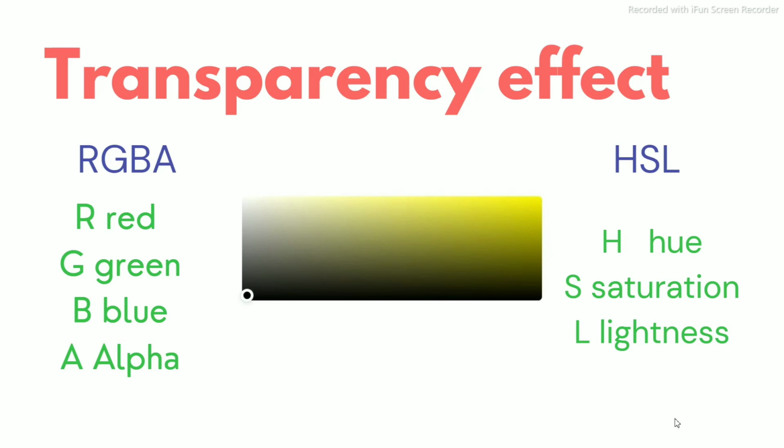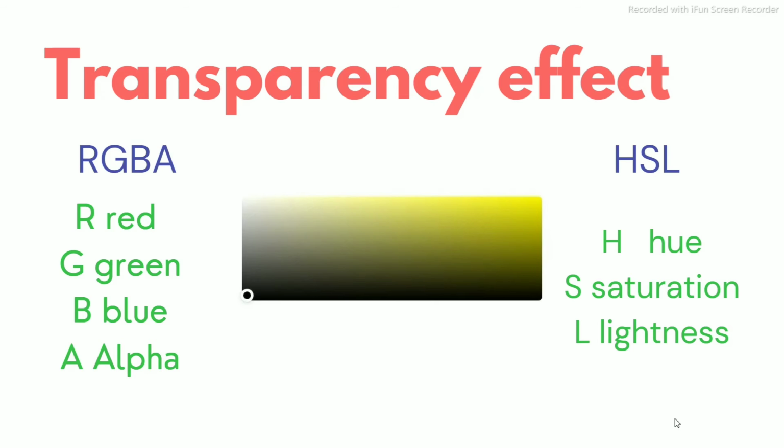If we are using RGB and giving the color, we can make it from fully dark to less dark using the opacity A. A has a value from 0 to 1, including 0, 0.1, 0.2 till 1. This opacity is used to make the color darker and fainter in the transparency effect.